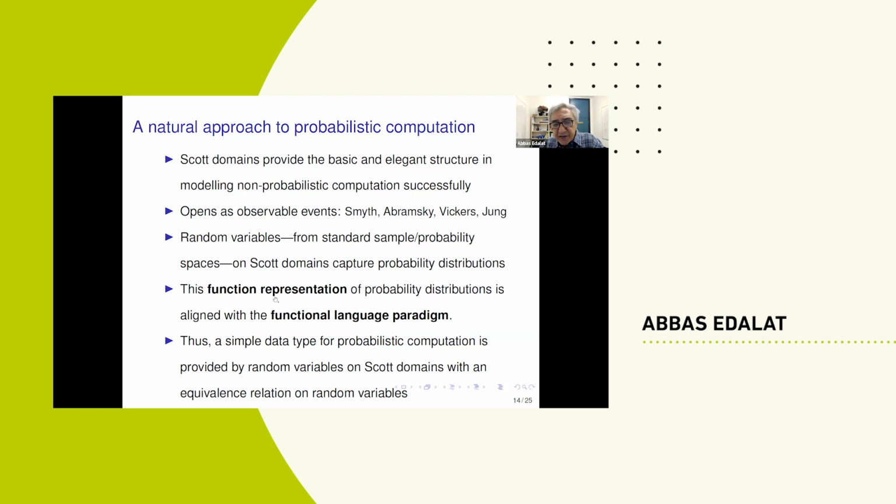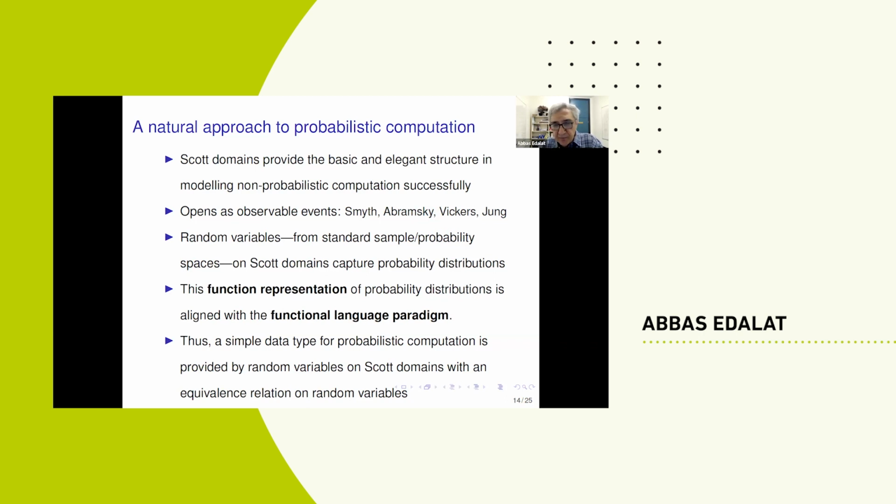And here is the important connection, because a random variable is essentially a function from the probability space to a domain. Therefore, it is aligned with the paradigm of functional programming languages, aligned with non-determinism in denotational semantics.